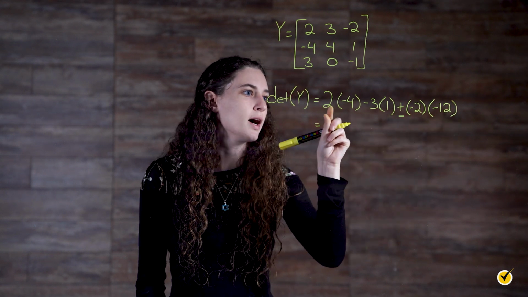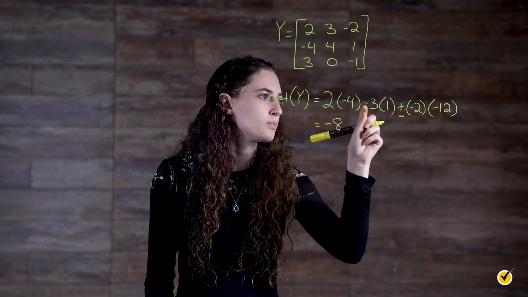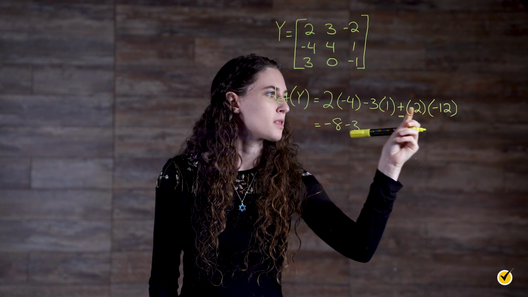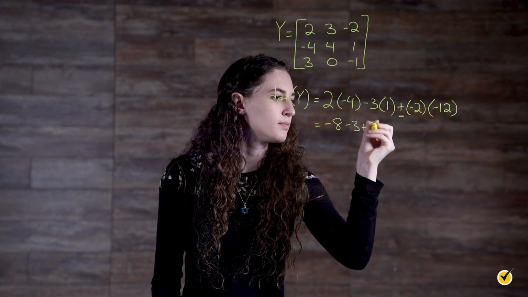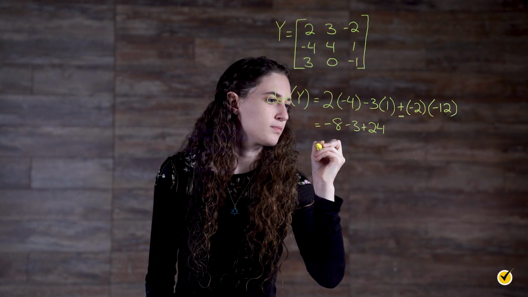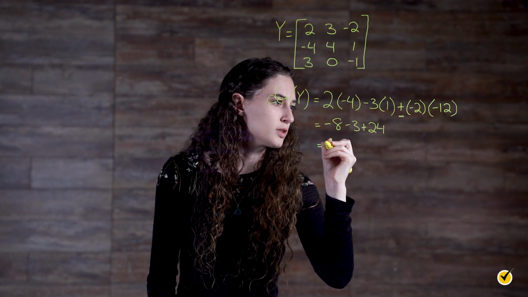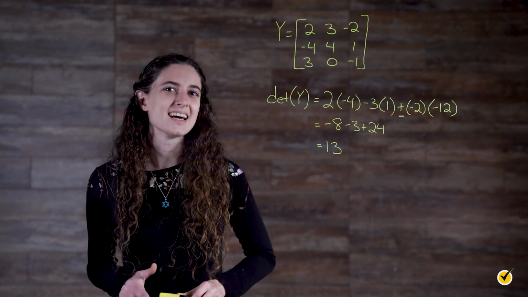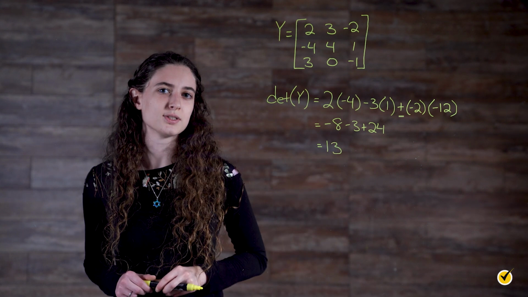So the determinant of Y is equal to -8 minus 3 plus 24, which is equal to 13. Yes, the determinant of Y does not equal 0.